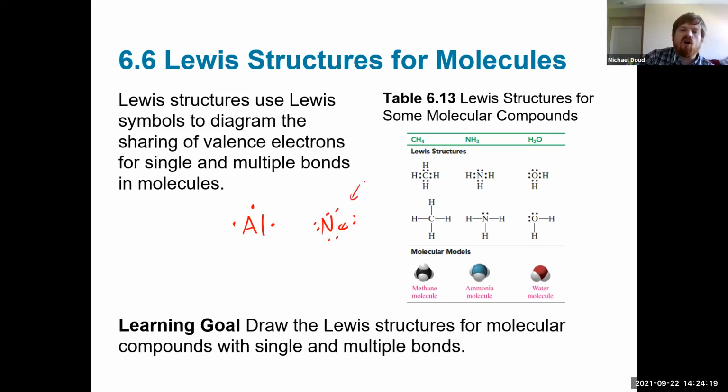And that's our filled noble gas octet. So these Lewis structures that we're about to draw are going to be very similar to what we've seen here for this. We're just going to make sure that now, not only are these electrons going to be assigned to one atom, they can be shared between atoms.